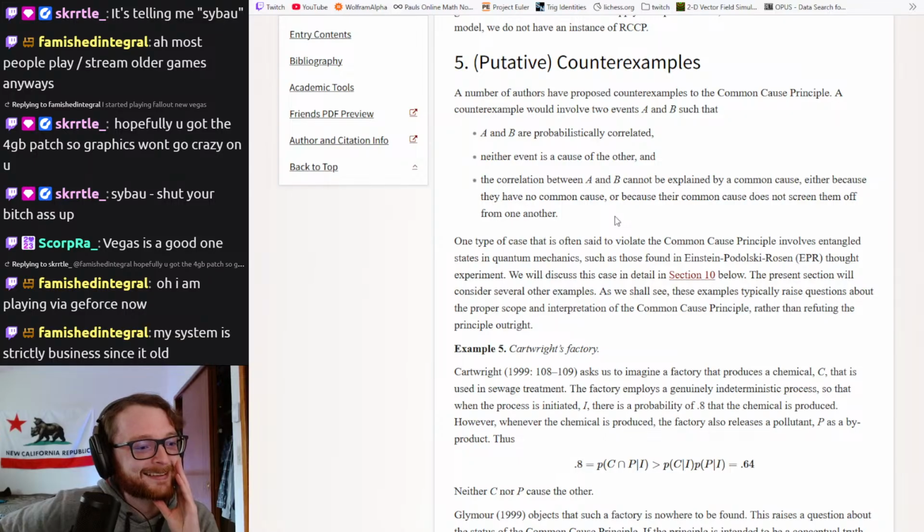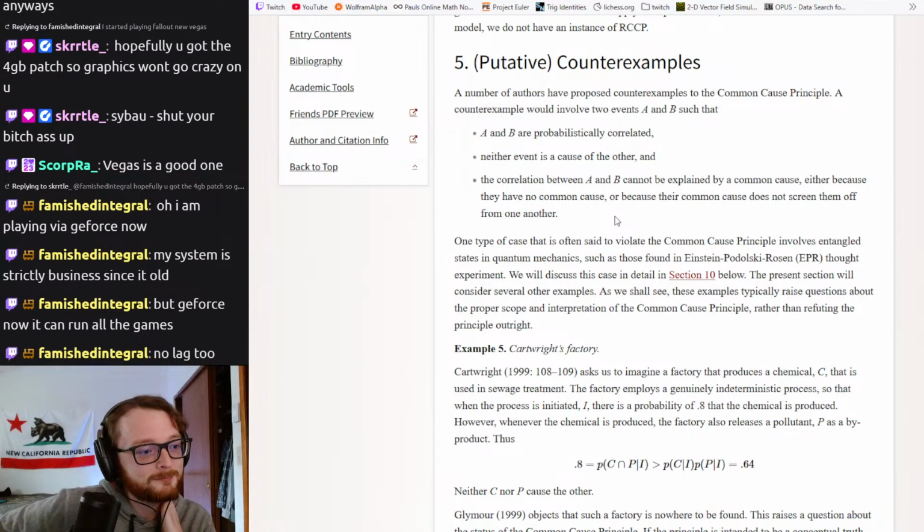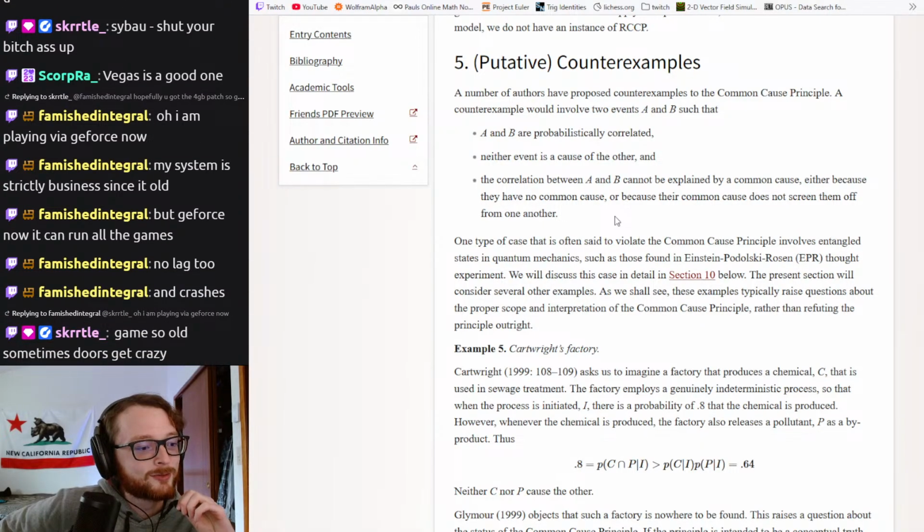The 4GB patch, your graphics won't go crazy on you. I mean, I never modded my... Well, I guess you're saying a patch, not a mod. I think that there are mods that are supposed to fix the game. Playing via GeForce Now can run all games, no lag and crashes.